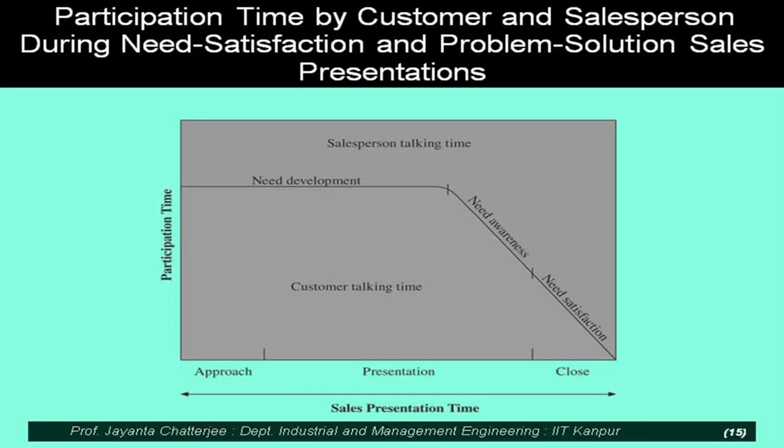If you look at this diagram, which shows the time taken by the salesperson and by the customer. So you see here, if you start from the left, then during the approach stage, the maximum time should be given to the customer to talk.